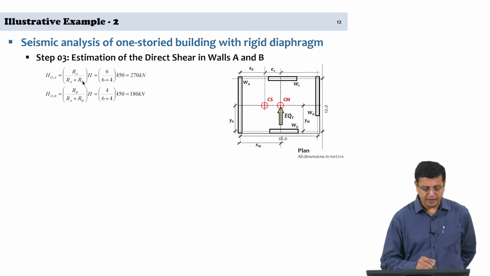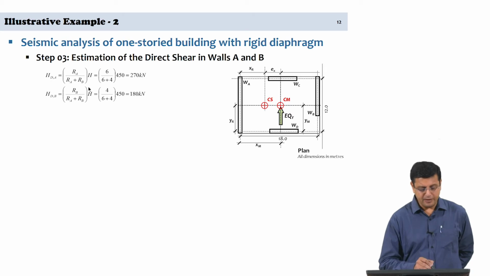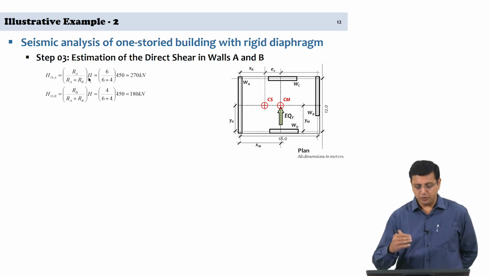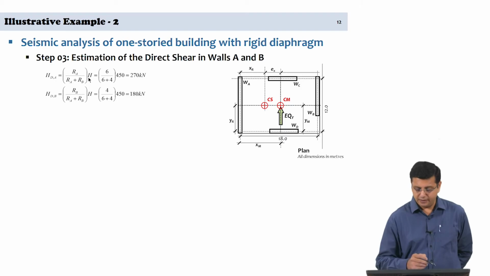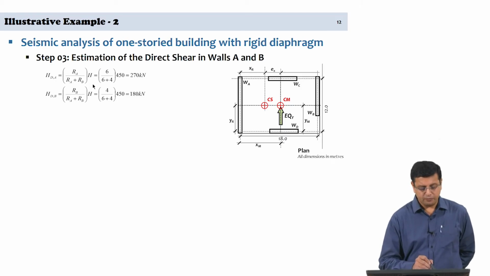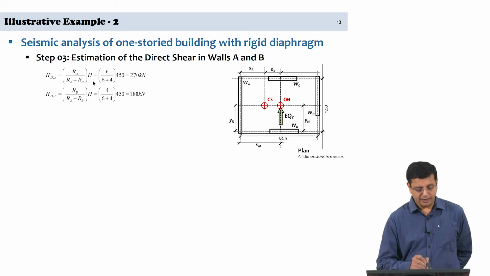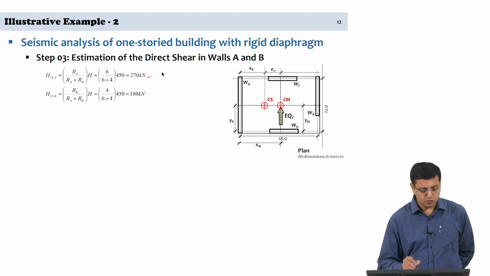So, in this case Ra divided by Ra plus Rb into H, which is the shear force that we are considering in the problem, which is 450 kilonewtons. So, Ra by Ra plus Rb is 6 by 6 plus 4 into 450, 270 kilonewtons in wall A.